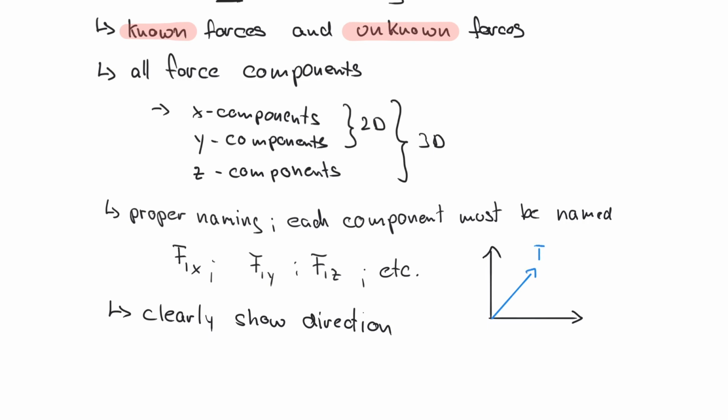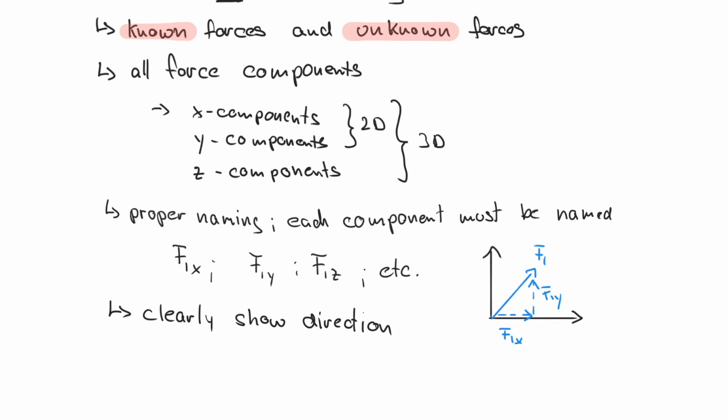Let's say this is my F1, and then to show the components, you would use these dashed lines, and that is often where students stop, but that is not enough. You have to clearly show in which direction they move. So for example, you have to understand that this is going in this direction and this is going in this direction. And so to properly name this here, this would be F1Y and this would be F1X. So that has to be clearly shown.